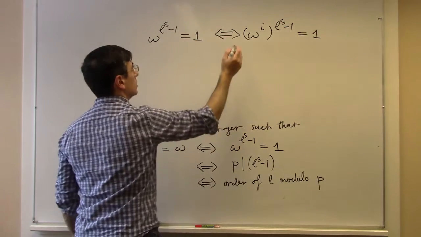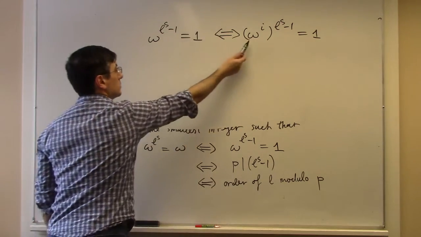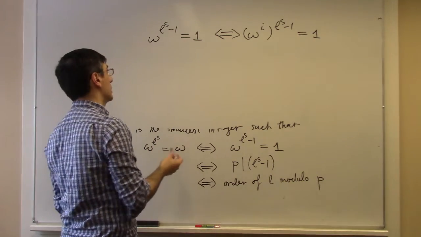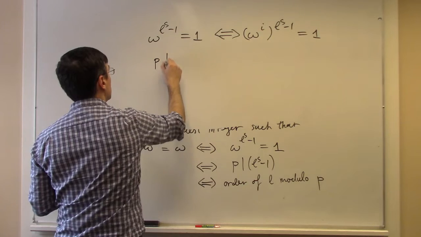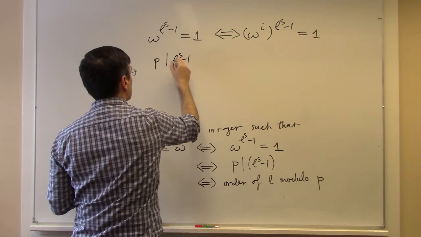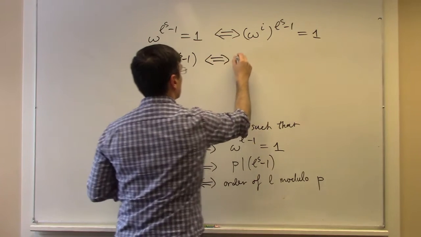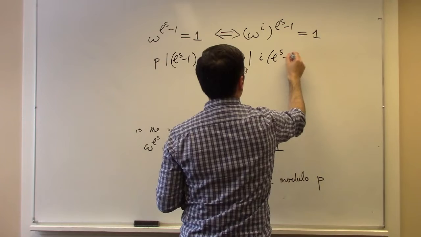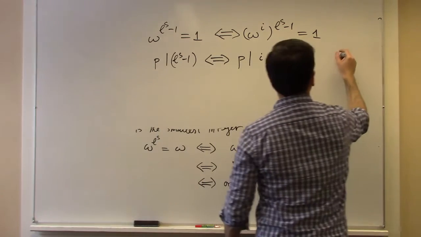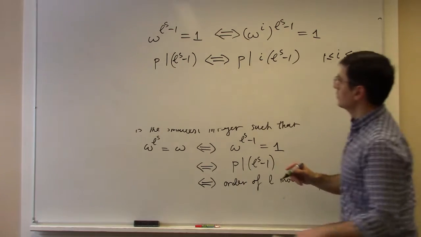That's my claim. So this s will be the same. It doesn't matter which power of omega you choose. And how do you see this? Well, p divides l^s - 1 if and only if p divides i(l^s - 1) if this i is between 1 and p - 1.